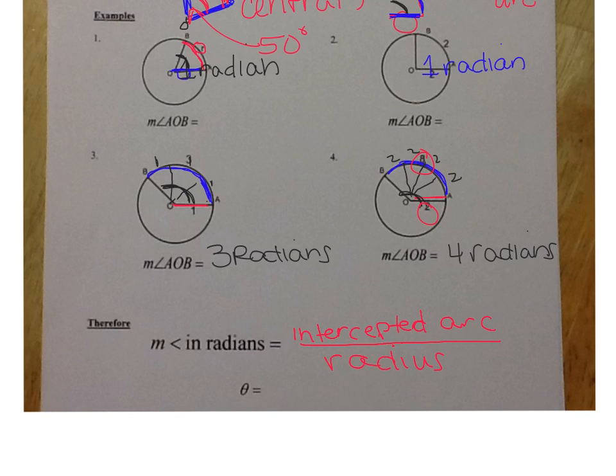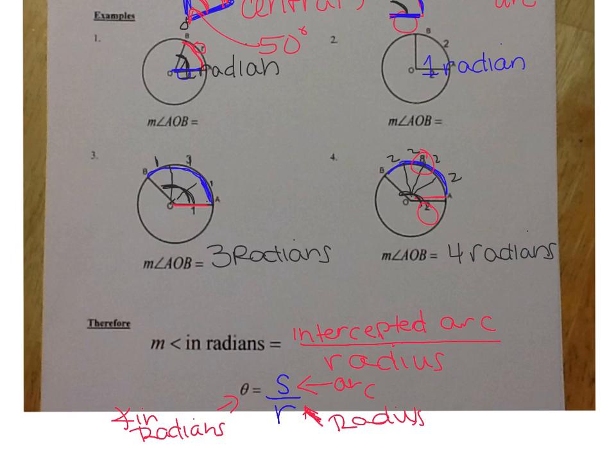Okay, so instead of writing that whole thing out, since I'm talking about my angle, and our angle is theta, we would say theta is equal to S over R. So theta is your angle in radians, S would be your arc, and R would be your radius.